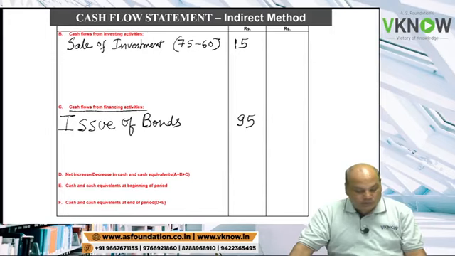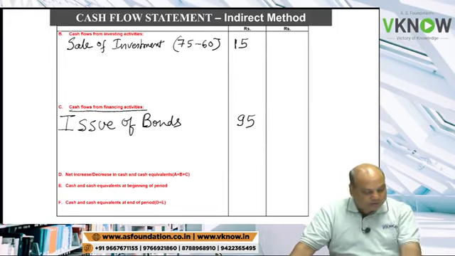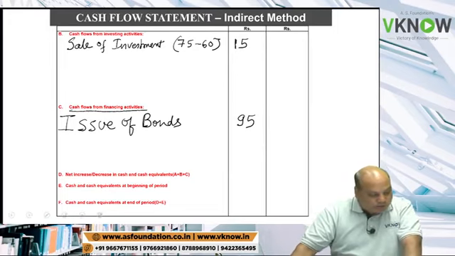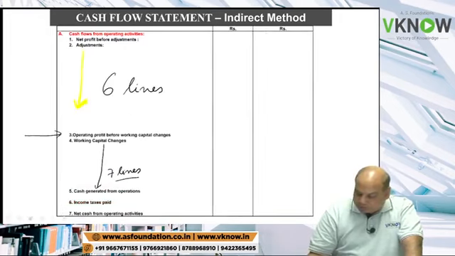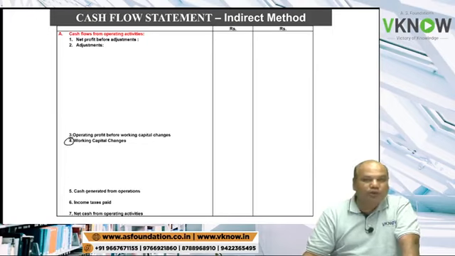Come on, next. Next item is current asset. In current asset, we have inventory, accounts receivable, prepaid expense. We will write in operating activity, point number 4, working capital changes.